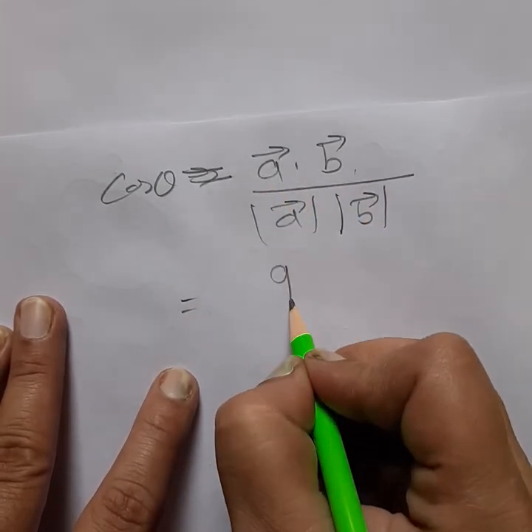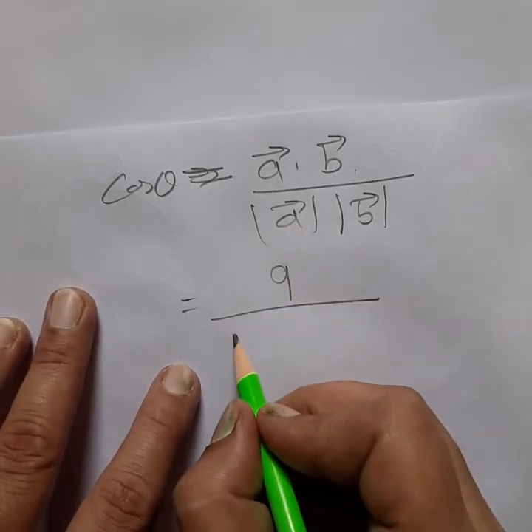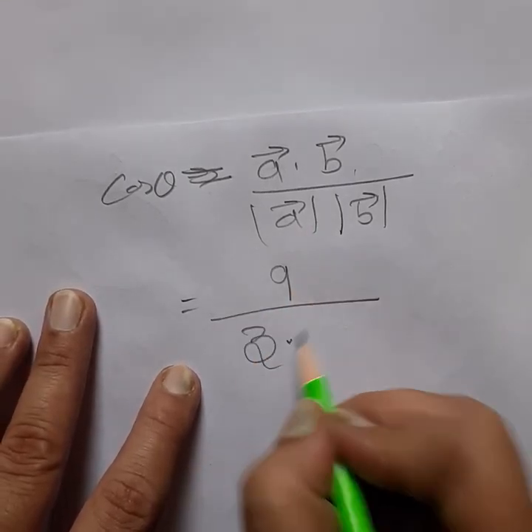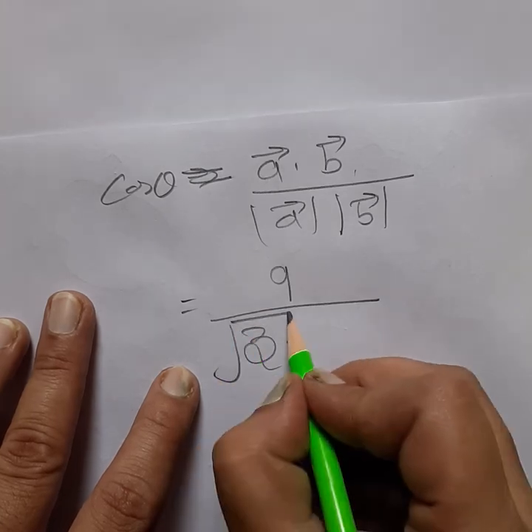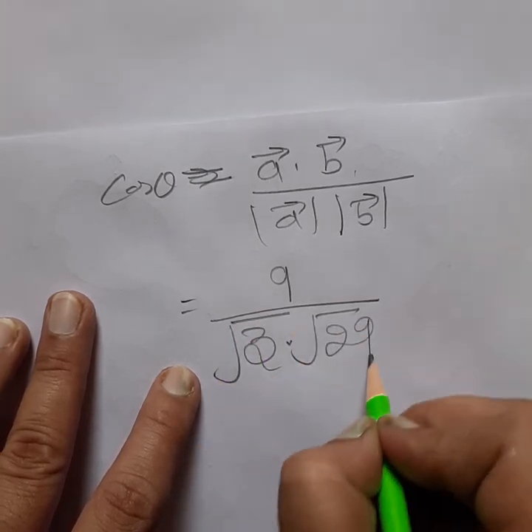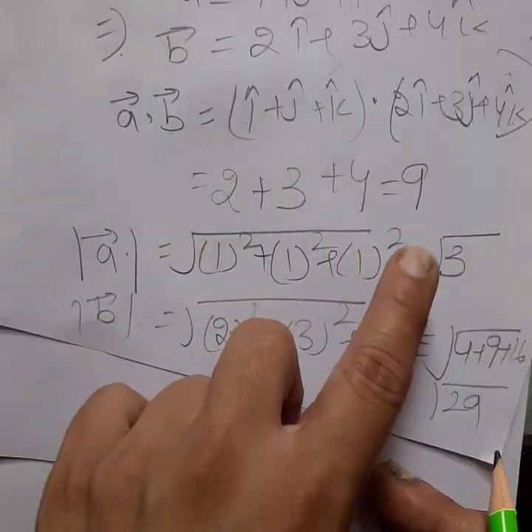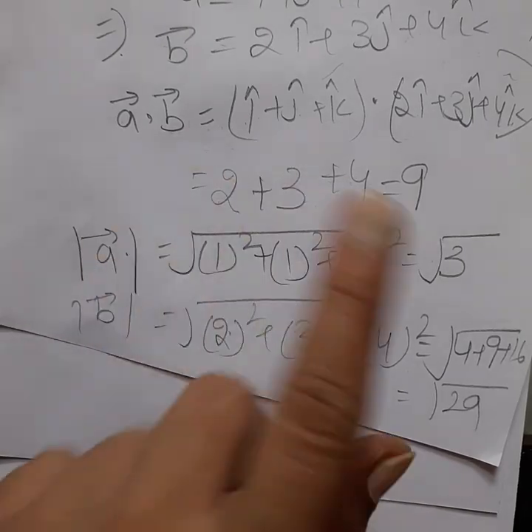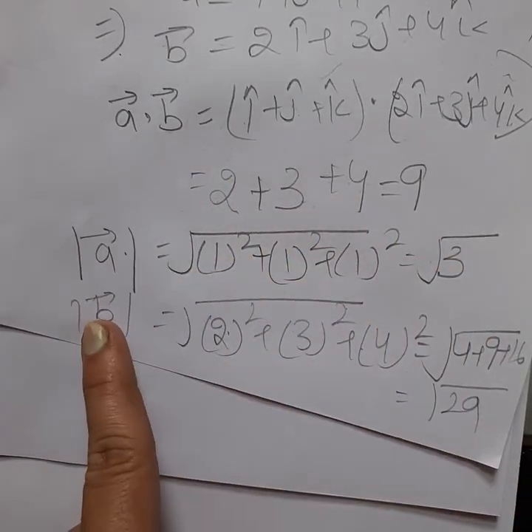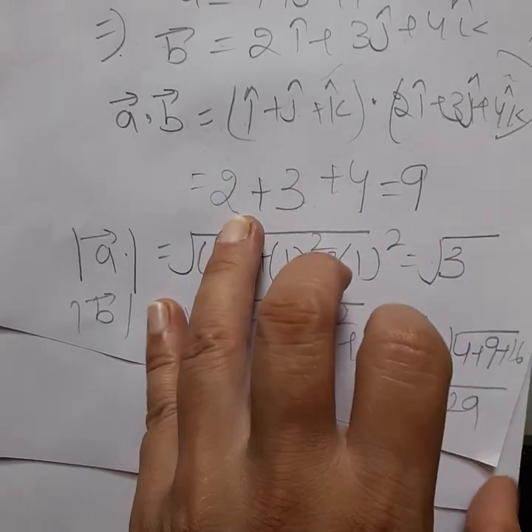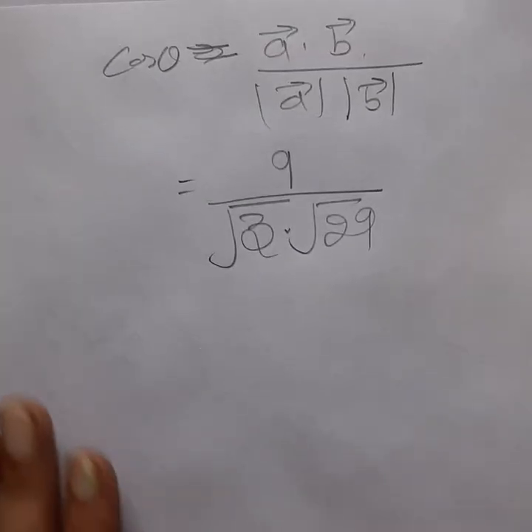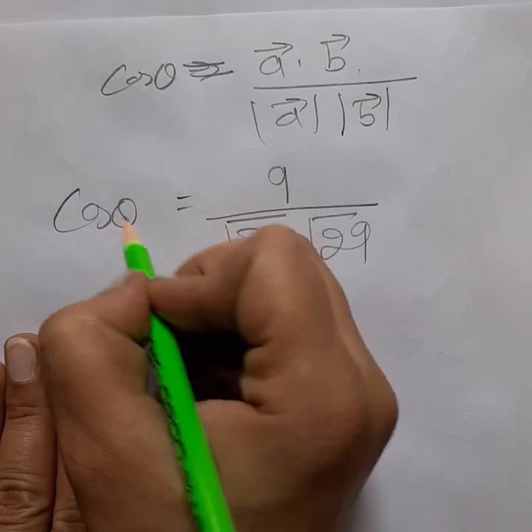It is equal to 9, the magnitude of the a vector is square root of 3, and the magnitude of b is square root of 29. So we can check our answer again. a dot b is 9, the magnitude of a is root 3, and the magnitude of b is root 29. Students, we put our values and after that we can solve it.